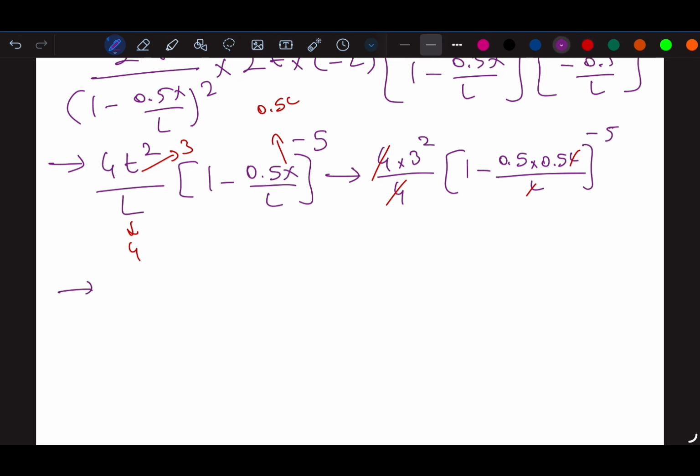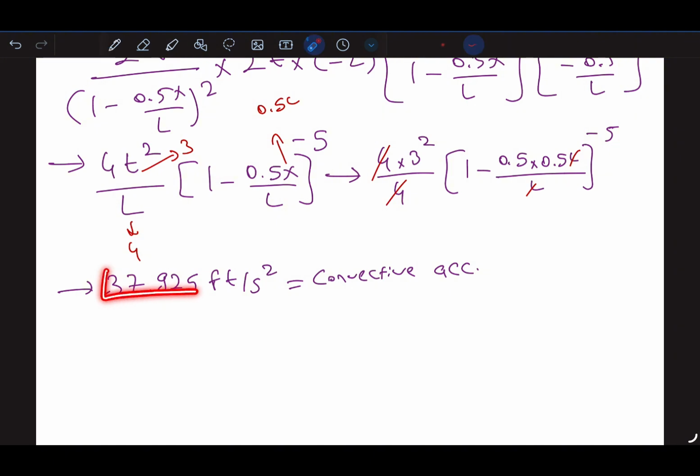And finally, this is going to give a value because we don't have any variable here, like x, L, or t. So this is going to give 37.925 feet per square second. And this is the convective acceleration.